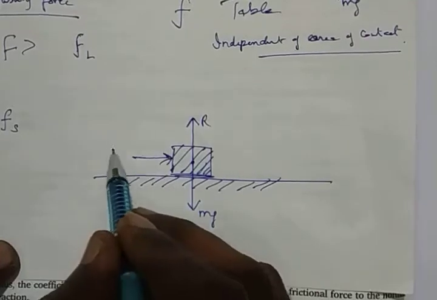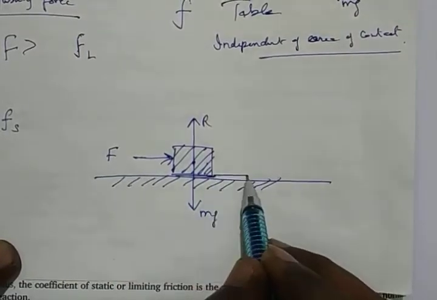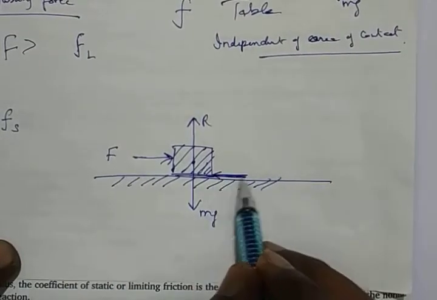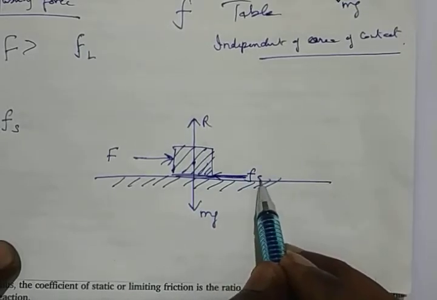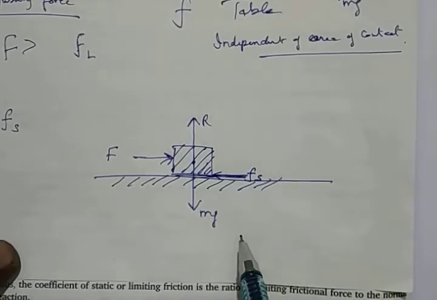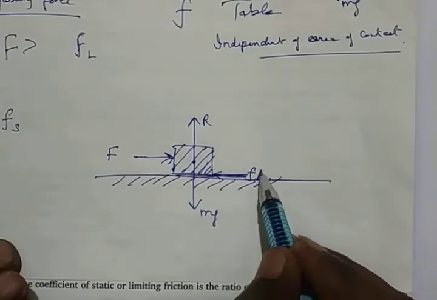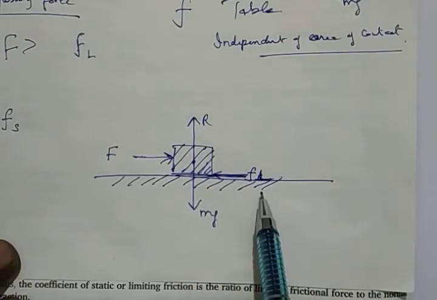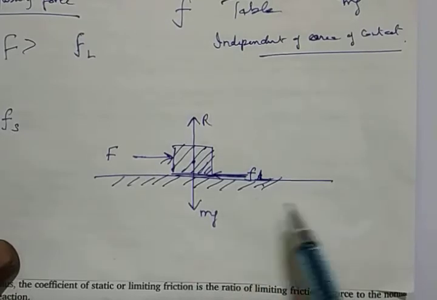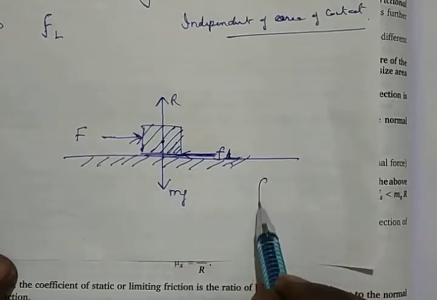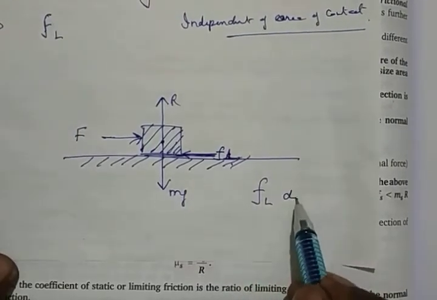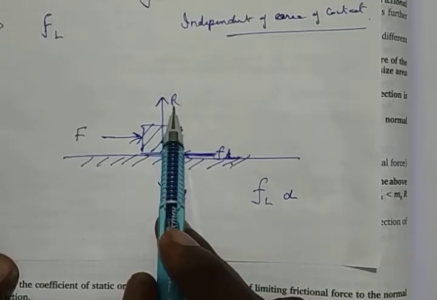You give an external force and whenever the external force is there, immediately the static friction force will be acting, and once the body is slightly about to start moving, it will become limiting friction here. Now this limiting friction depends on what? The limiting frictional value is directly proportional to the normal reaction.